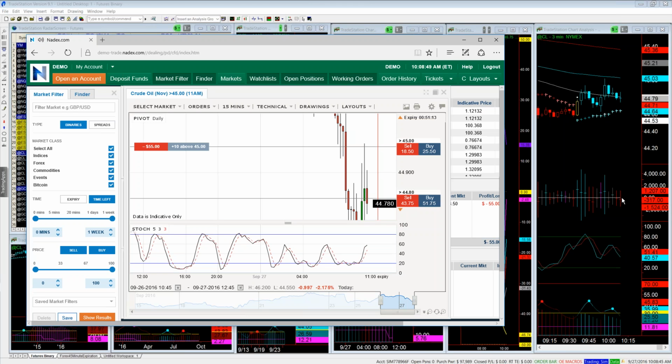I would really like to see this flip to the upside and for this bar to close up. I have to wait and see if it does it or not.